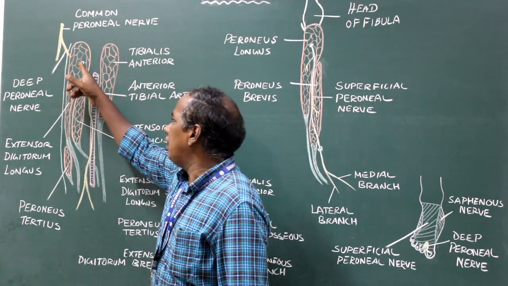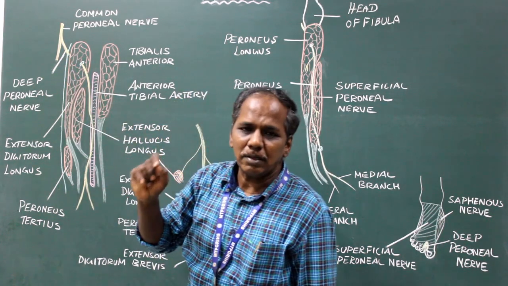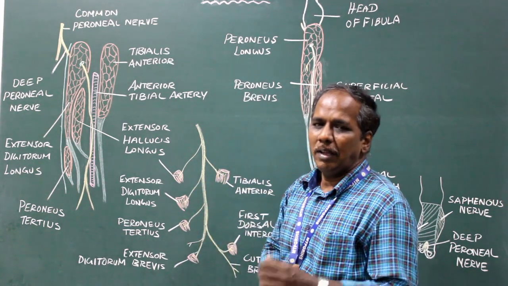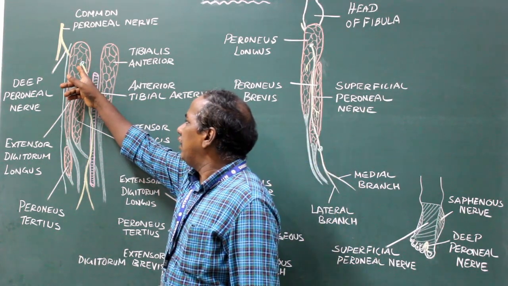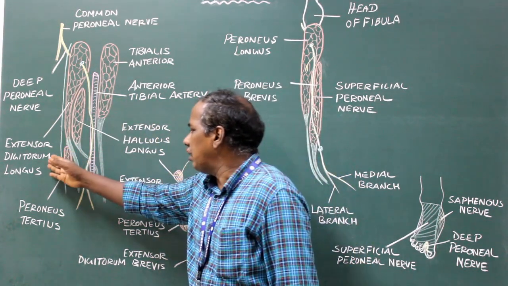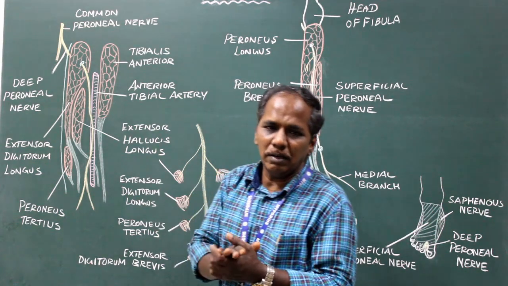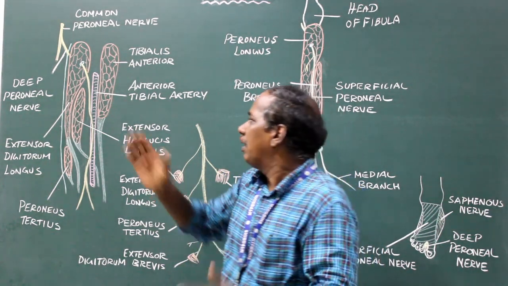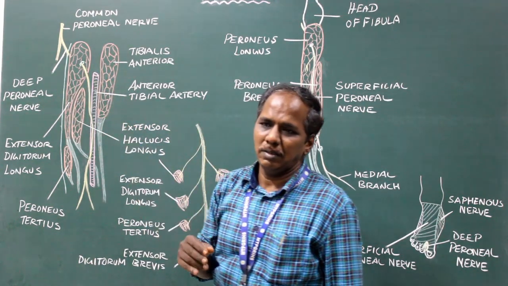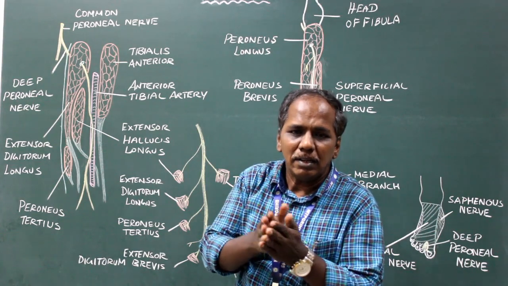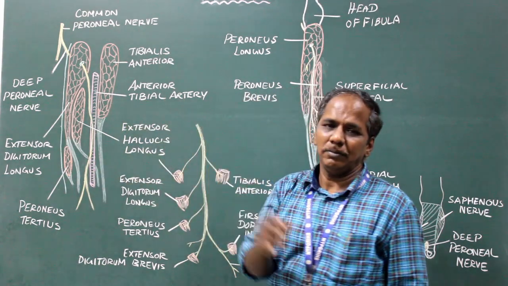It then pierces the extensor digitorum longus and runs between the extensor digitorum longus and the tibialis anterior, where it runs along with the course of the anterior tibial artery.